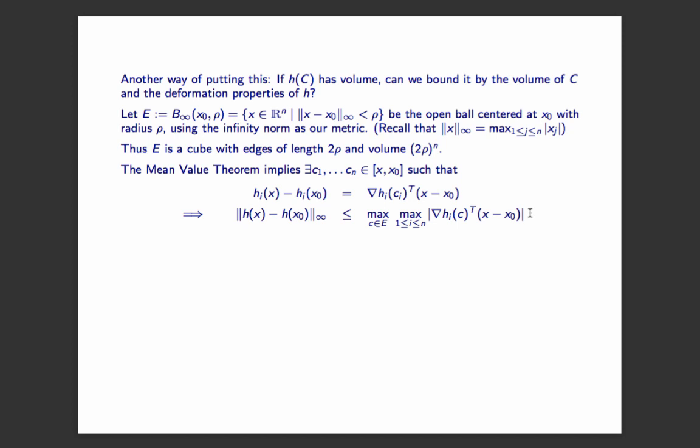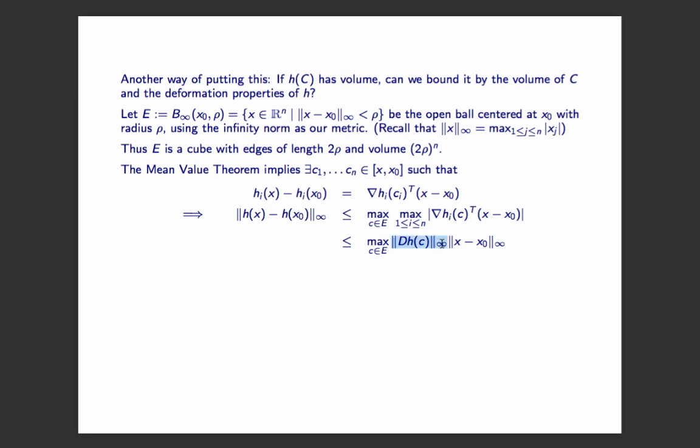Now, because the derivative of h has as its rows the gradient of hi transpose, this term is less than or equal to the infinity norm of the derivative matrix evaluated at C times the infinity norm of the vector being multiplied. And again, I'm maximizing here over C in E.